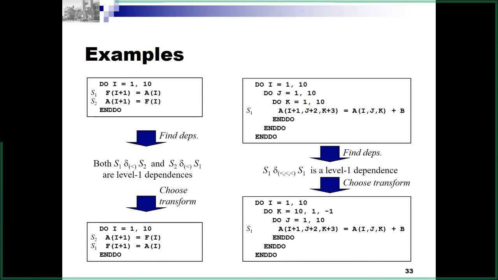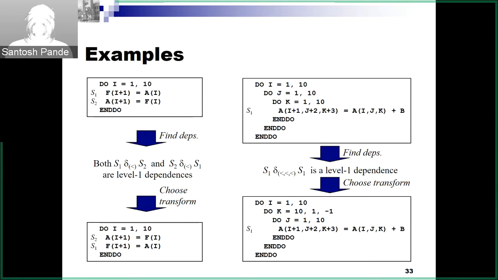So, for example, in this particular topmost level, we have the dependencies from S1 to S2, which is less than, in terms of S2 depends on S1, because of the value of F here, which is being carried as a loop carried flow dependence.